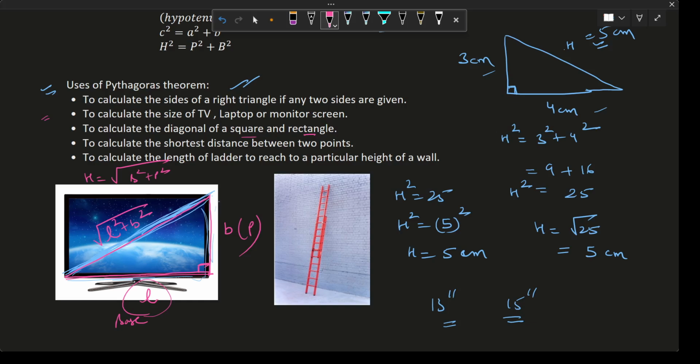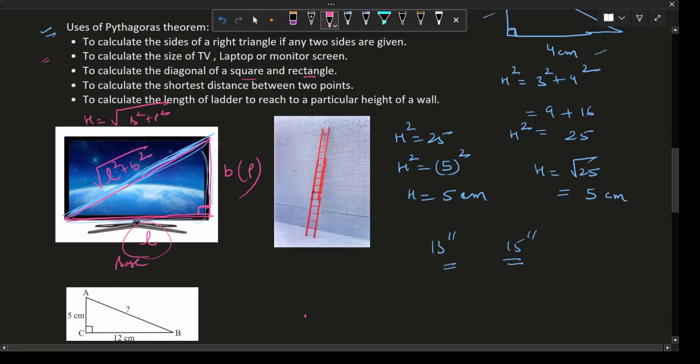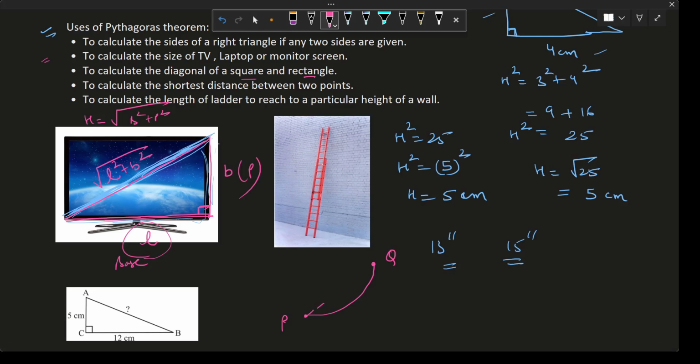Then to calculate the shortest distance between 2 points, let's say you have traveled from point P to point Q in this path. How do you measure the shortest distance? The shortest distance between P and Q is this straight line joining the two. Now how will you calculate it?